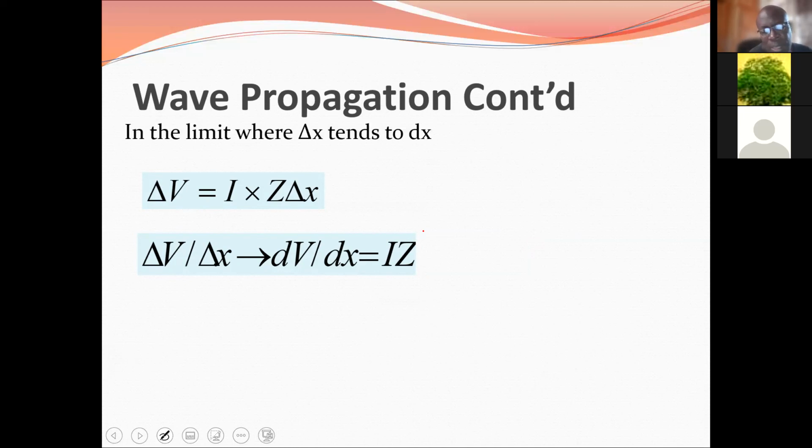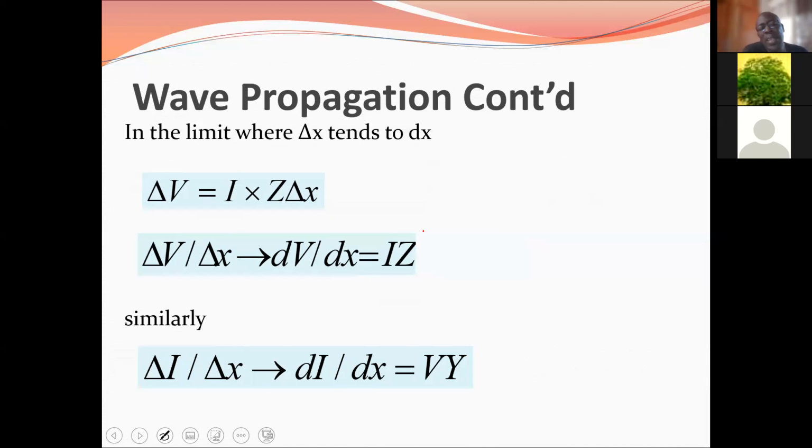So dV/dx is equal to Iz. We then do a similar analysis for the current expression. I'll get di/dx to be equal to Vy.